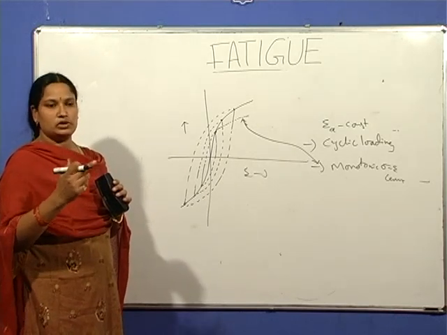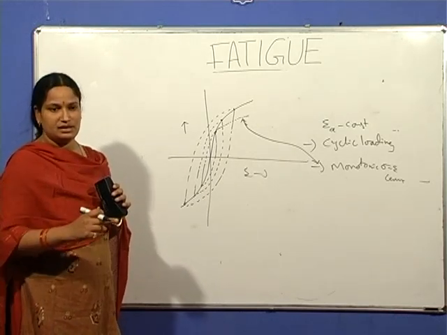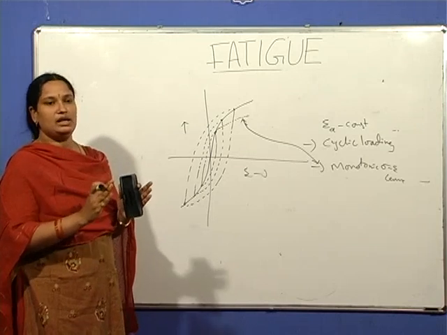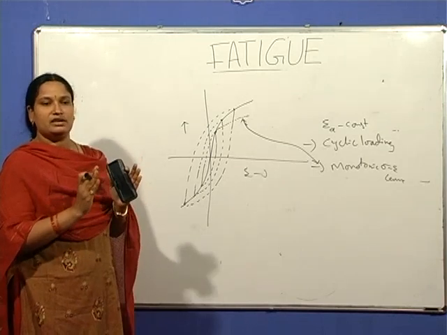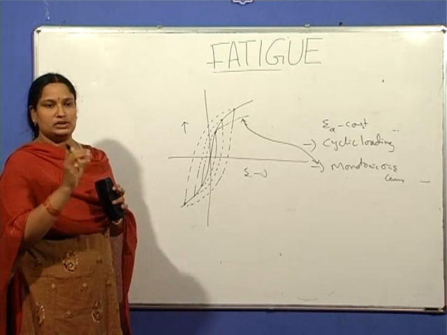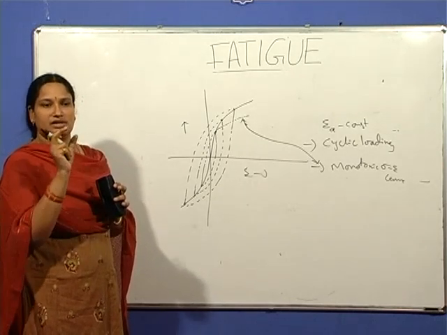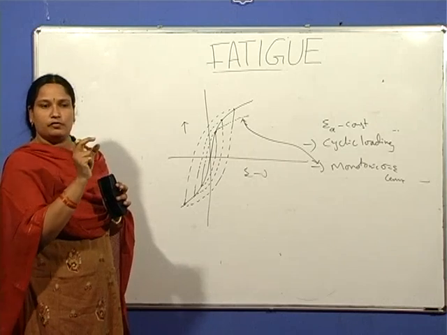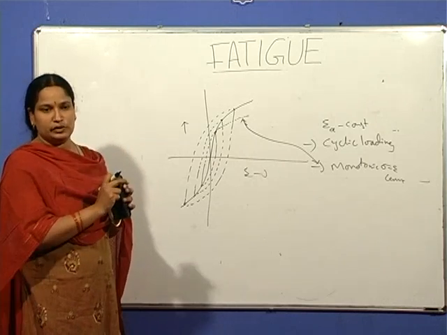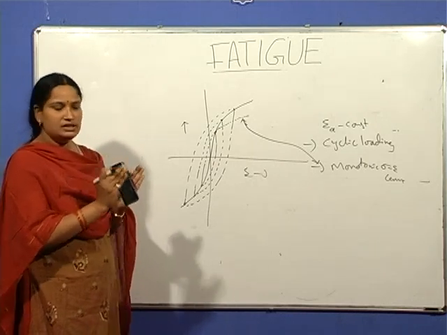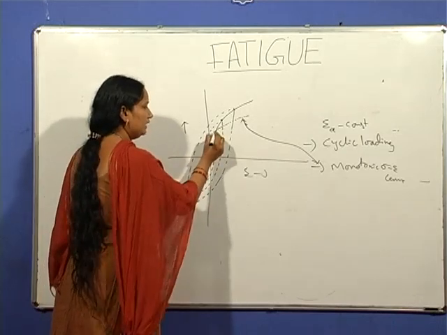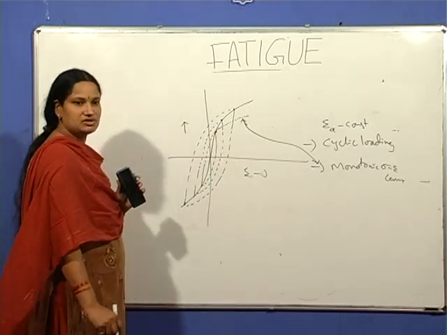After a few hundreds of cycles, the curve stabilizes and reaches saturation. That saturation point, at which the curve stabilizes, is the saturated value of the stress amplitude. It is taken for the specific strain amplitude and then plotted in this stress strain curve.